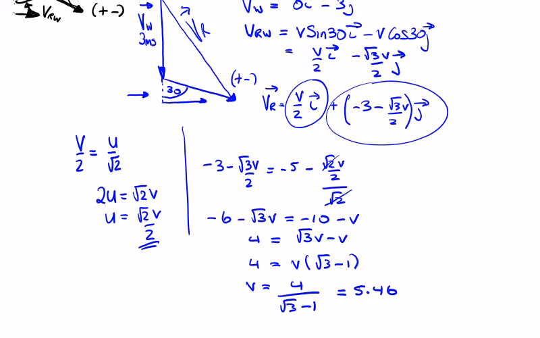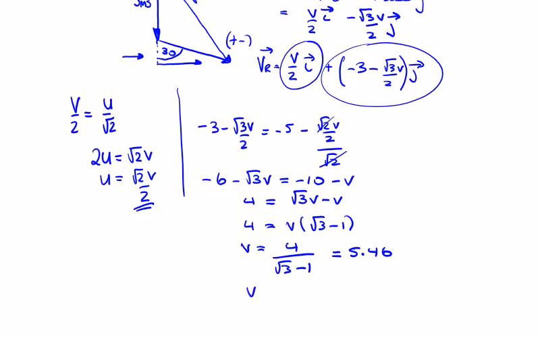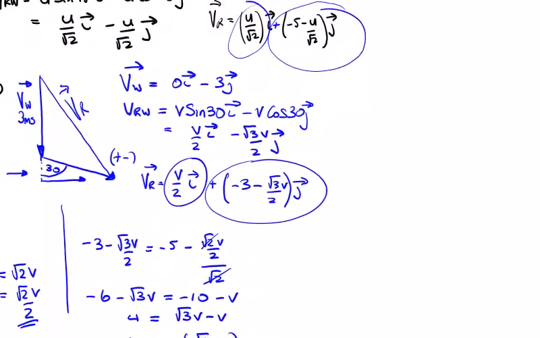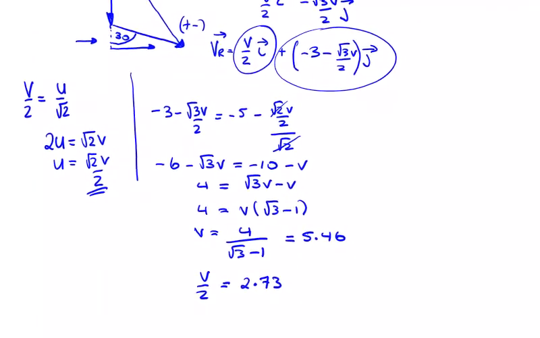Well, v over 2 is the i component. So v over 2 is equal to 2.73, and that's the easiest way then to get my j component. The j component, well, I've got v, so I'll use this one.